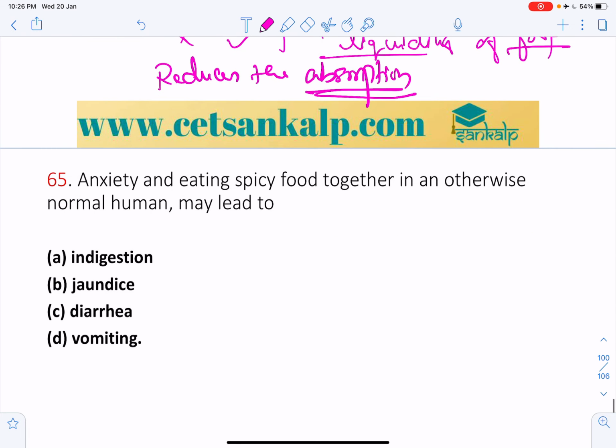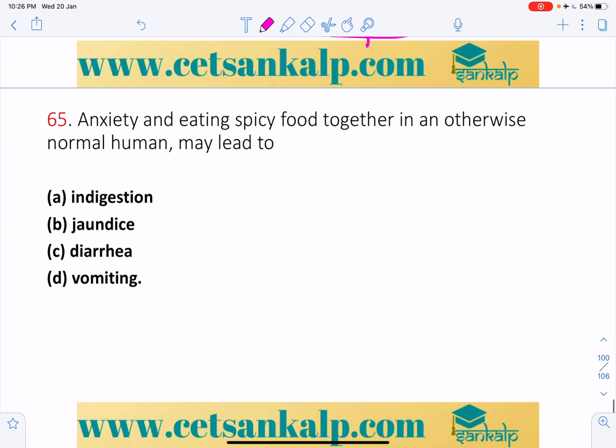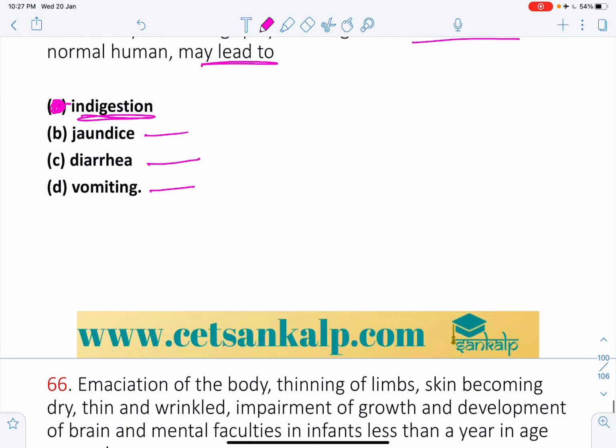Next, anxiety and eating spicy food together in an otherwise normal human may lead to, as we already discussed, food not getting digested properly. That condition is called indigestion. Jaundice is liver damage, diarrhea is the abnormal, frequent bowel movement, vomiting is a sudden reflex action where stomach food is ejected out through the mouth.